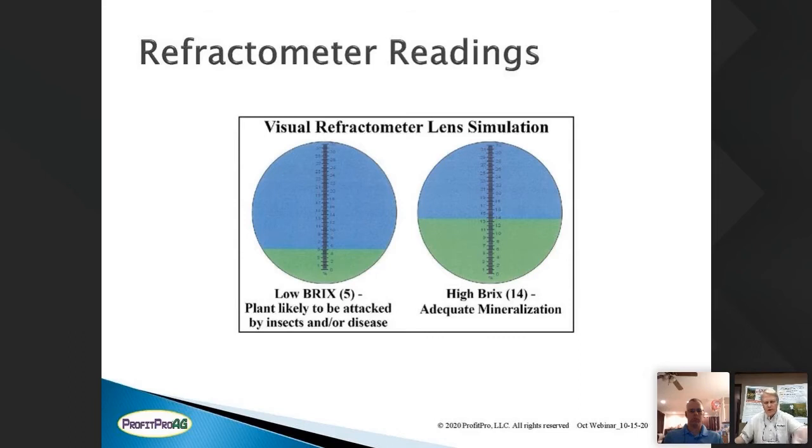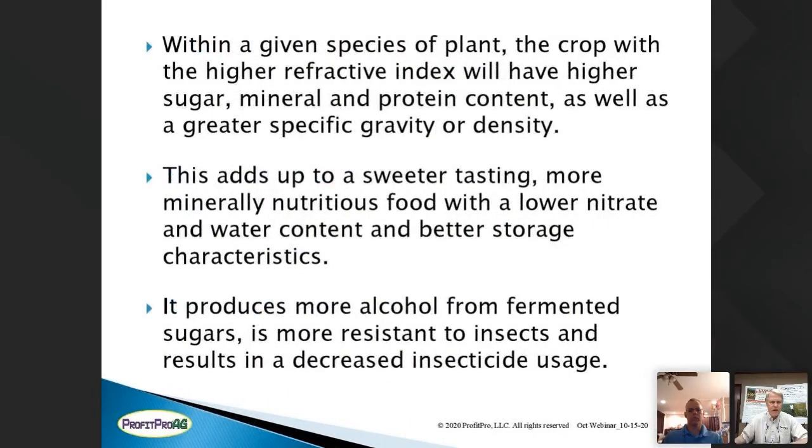On the digital one, it'll actually give you a reading. And we can provide these to you. If you call us, we can get these for you. You can also buy them on the internet. Every grower should have one of these. It's such a neat tool, and it tells you where you are in your crop at any given time.